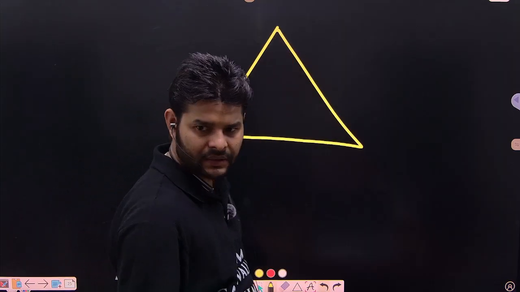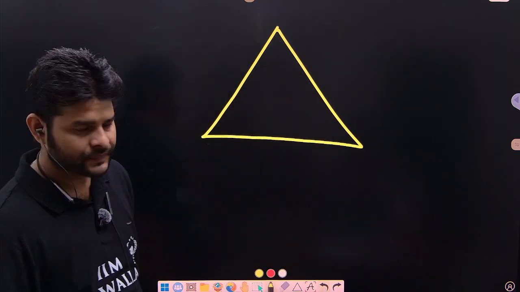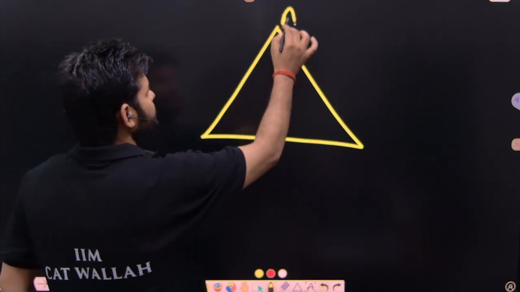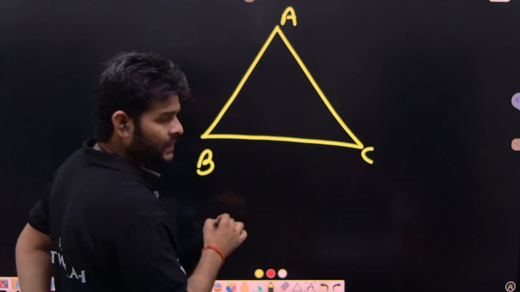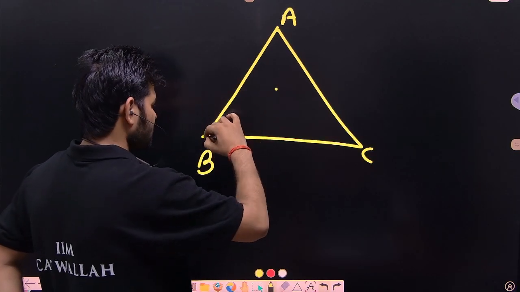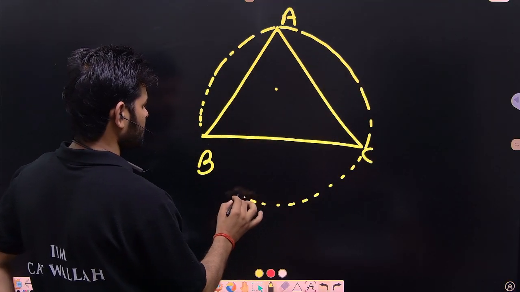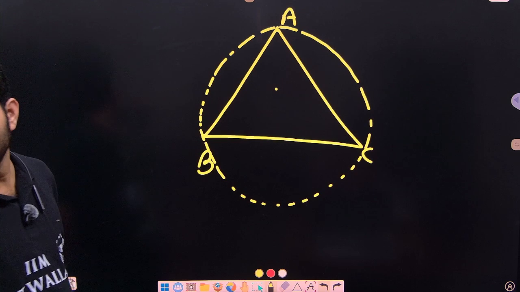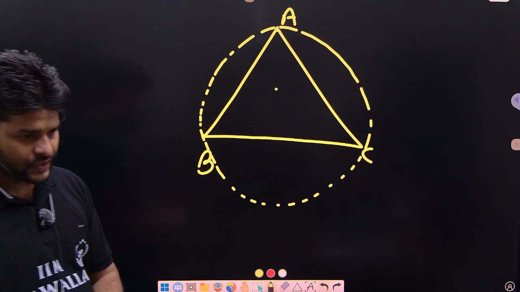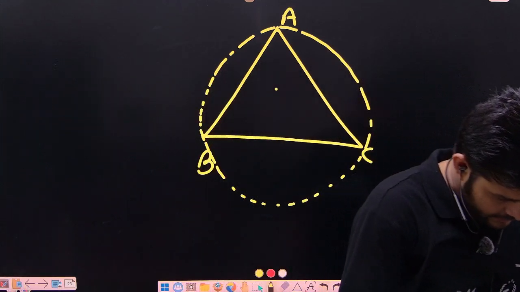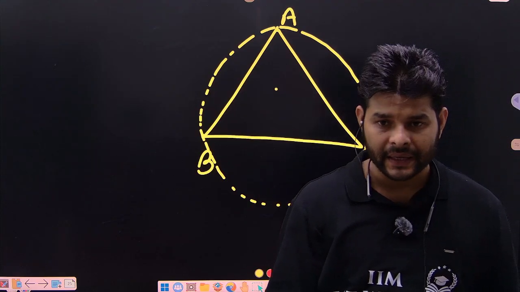We have been given ABC, a triangle, and O is a circumcenter. You know why I am drawing such kinds of figure? Because the question is saying which angle is given? A.